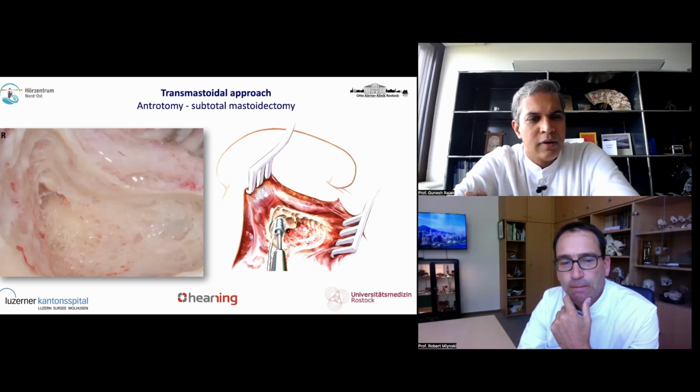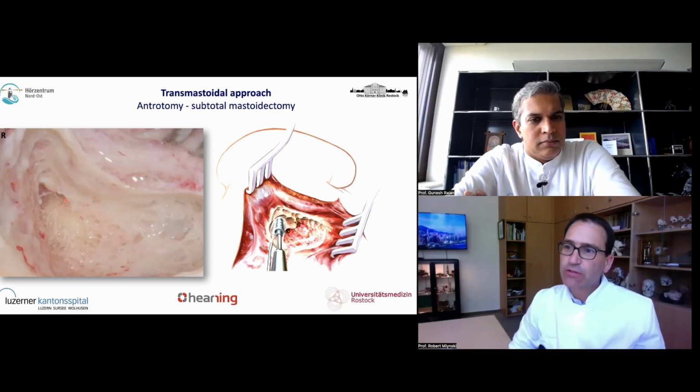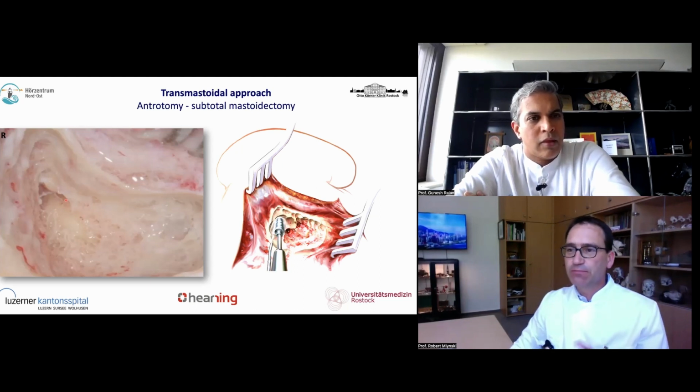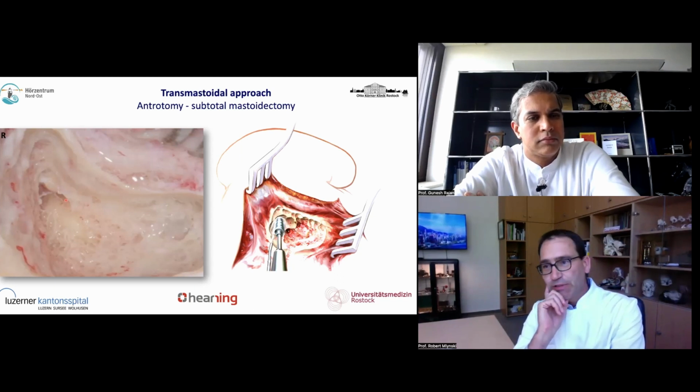And obviously in malformations, with an aberrant facial nerve, it's very important. We do it in all facial nerve surgery, neuromas, parotid, anastomosis, or paresis if traumatic. But for routine cochlear implantation, usually not.